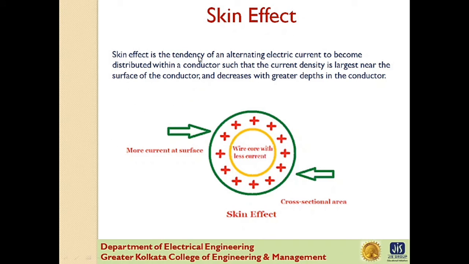Skin effect is the tendency of the alternating current to become distributed within a conductor such that current density is larger near the surface of the conductor and decreases with greater depth in the conductor.